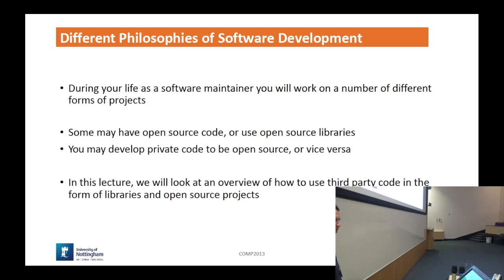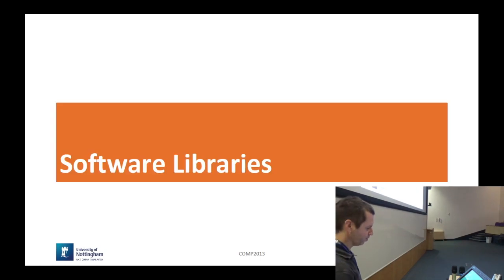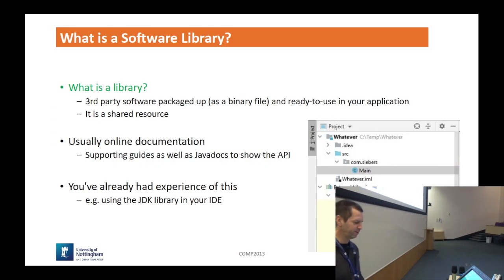So this is something I think everybody is familiar with. What is a software library? It's third-party software packaged and ready to use in your application. So it's reusable code. Essentially, that's what it is, right? And the goal when you develop software is to produce reusable components.